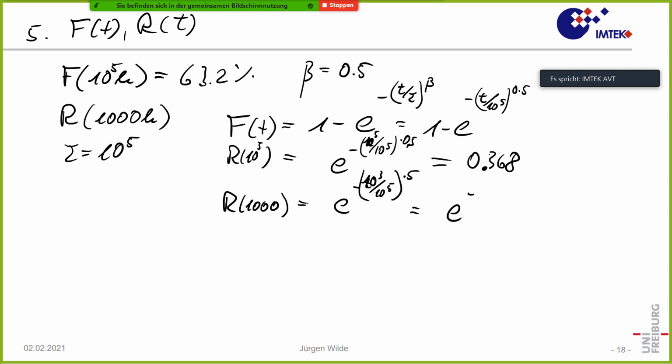E to the power of minus. What is the square root of 100? It's 1/10. Okay, e to the power of minus 0.1.